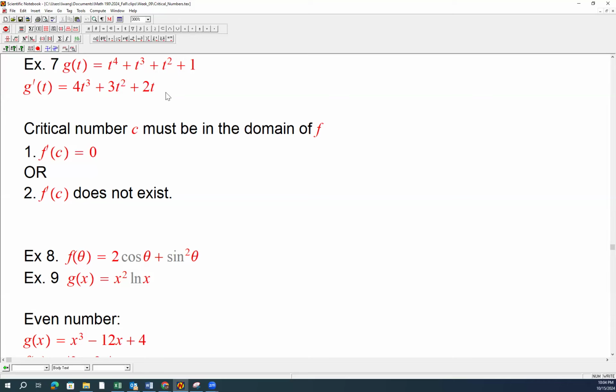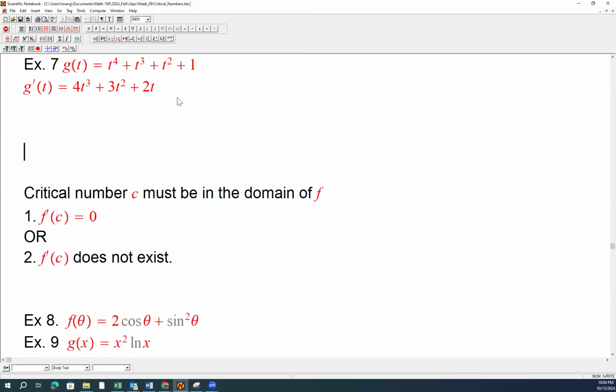This is not a difficult one, so we just have to factor. But this time, I think we might get to learn some more techniques. So 4t squared plus, I'm factoring out the t, so we have 3t plus 2.